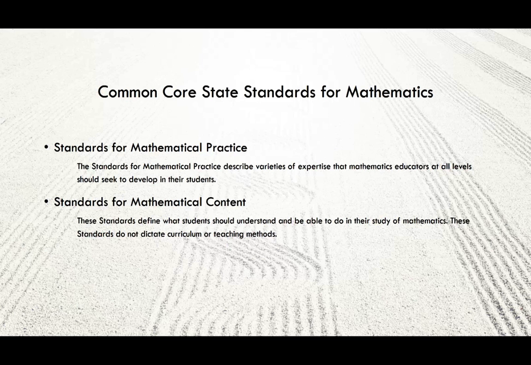On the other hand, the Standard for Mathematical Practice is expected from kindergarten to grade 12, all grades. These are the habits of mathematics, the way of thinking mathematically, the way of solving problems.